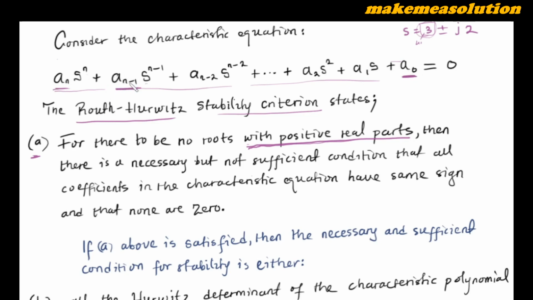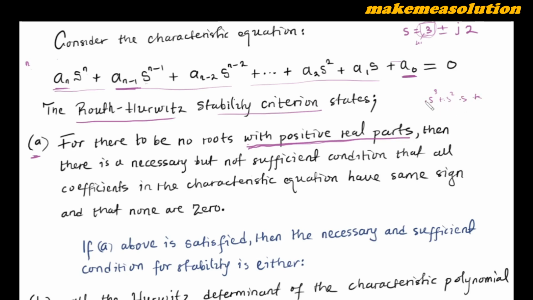That means no term should be missing. In a characteristic equation of order n, I should have all terms complete. So if I have a characteristic equation of order 3, I must have my s cubed term, my s squared term, my s term, and my constant term. So no term should be missing.